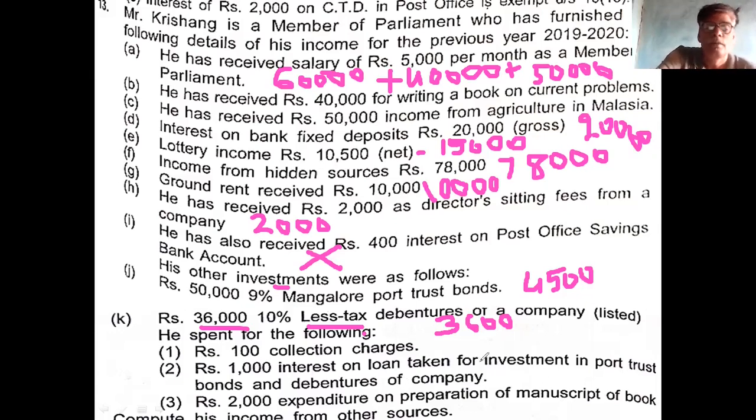Okay. If you take the total of this: 60,000, 40,000, 1 lakh, 1,50,000 plus 50,000, 1,50,000, then 20,000, 1,70,000. 1,70,000 plus 15,000, 1,85,000.